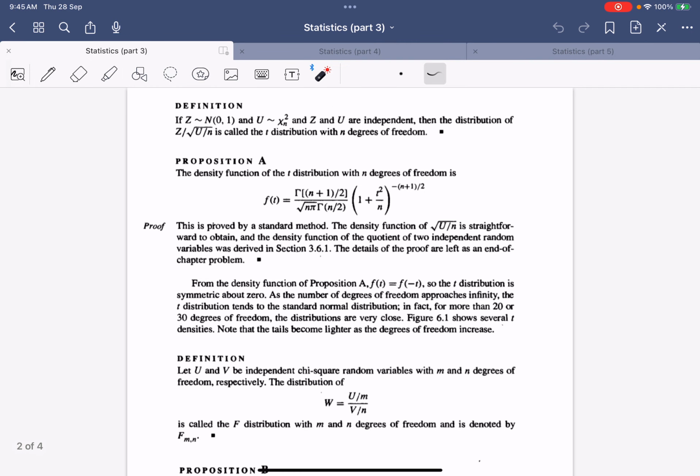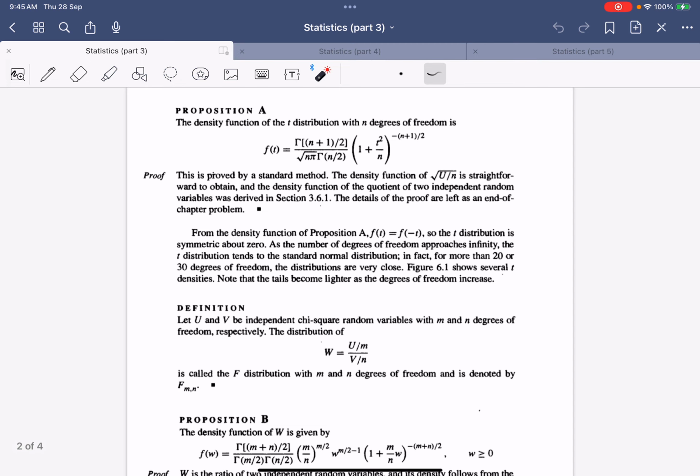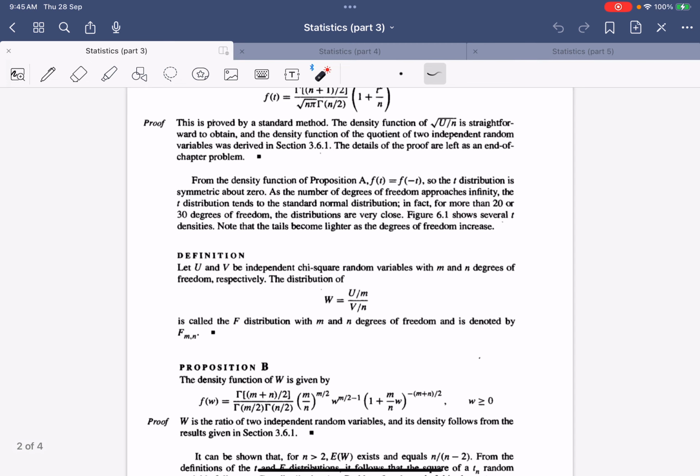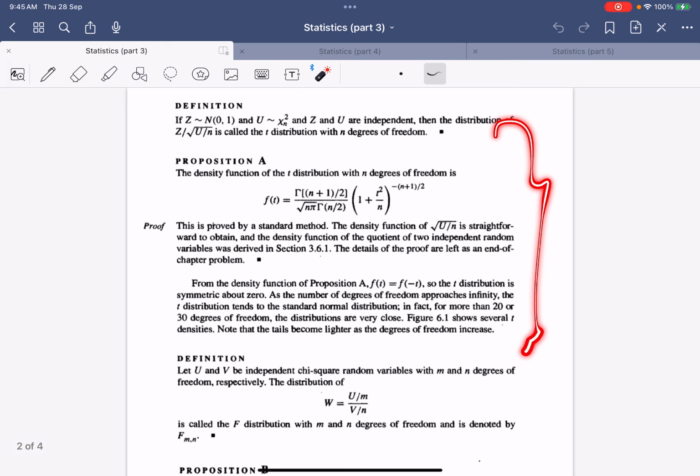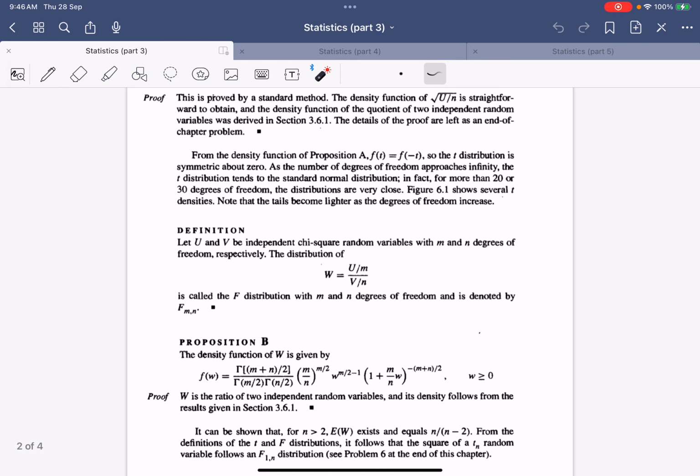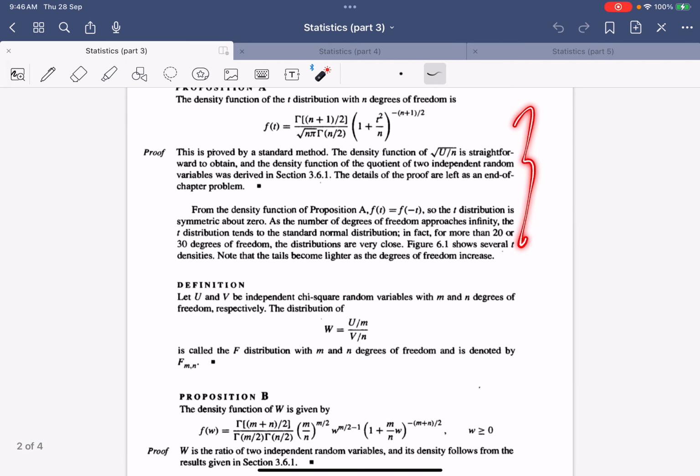This is sometimes more appropriate to use compared to the standard normal, because for the standard normal you need to know the variance, but for the T distribution you don't really need to know what the variance is. So the variance can be unknown, but you can use the T distribution to help you for hypothesis testing or any other statistical test. That's why we like the T distribution a lot.